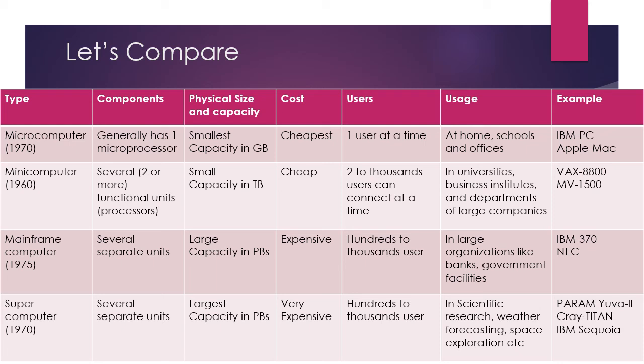But at the same time, the mainframe computer is designed to handle a tremendous amount of input, output, and storage. मतलब वो बेसिकली इस पे काम करता है कि बहुत सारे यूजर एक साथ उसको इनपुट दे रहे हैं, बहुत सारे यूजर्स एक साथ उससे आउटपुट ले रहे हैं और उस डेटा को उसको स्टोर करना है.